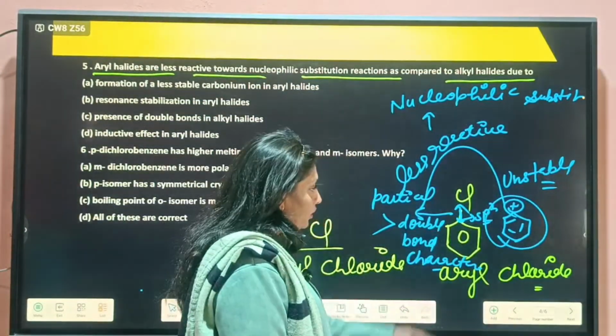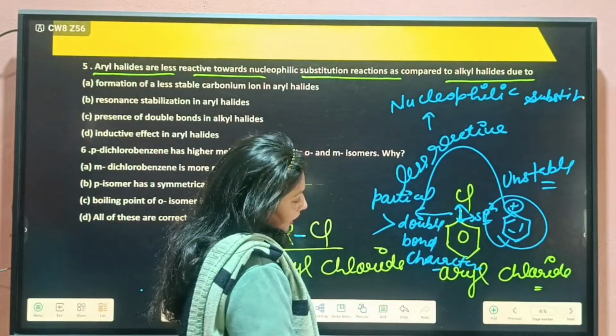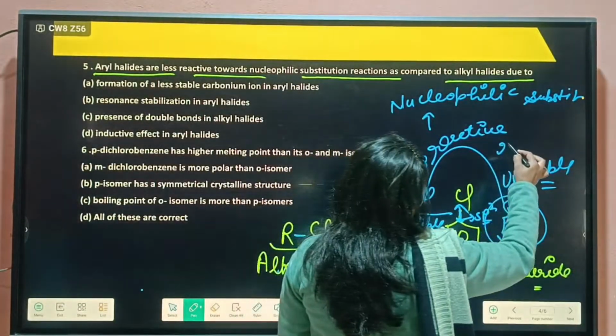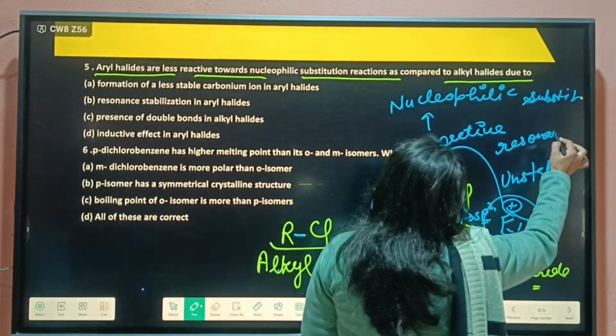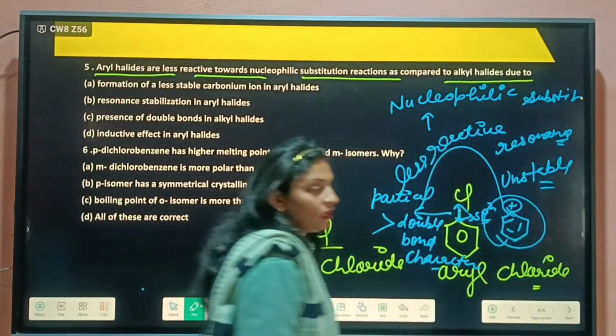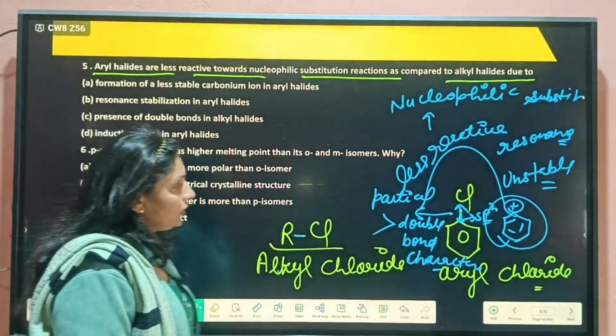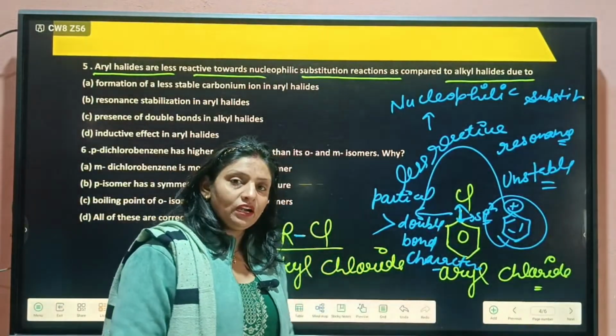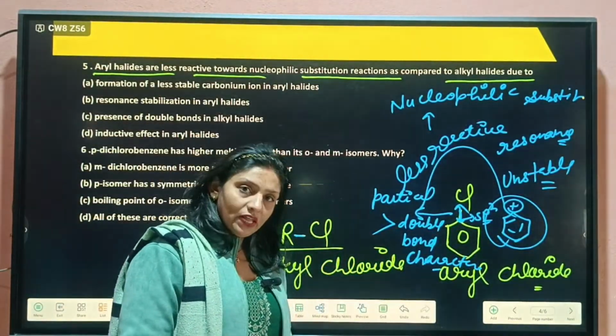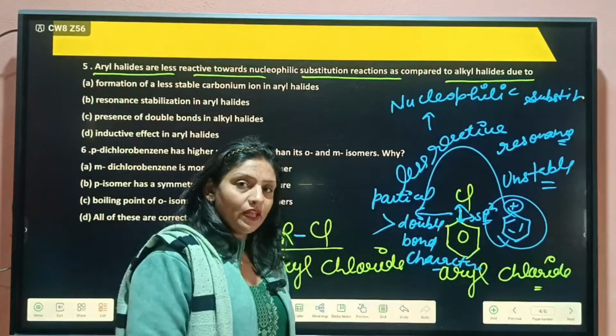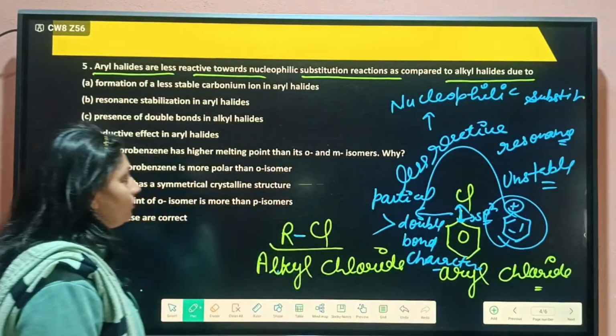Okay, that's why also. And it shows resonance also. And due to delocalization of pi electrons, they will repel also. So repulsion also takes place here.